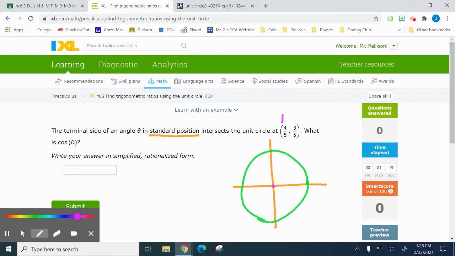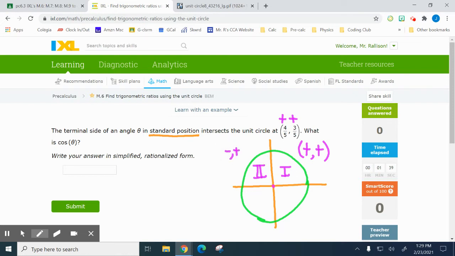So first of all, we notice those are both plus, right? Which means that it's going to be in quadrant 1, right? Because quadrant 1 is plus, comma, plus. All the coordinates in quadrant 1 are plus, comma, plus. All the coordinates in quadrant 2 are going to be negative x, positive y.